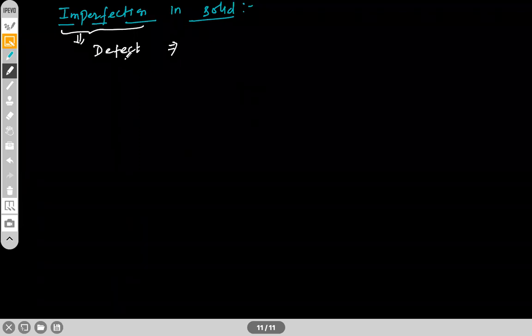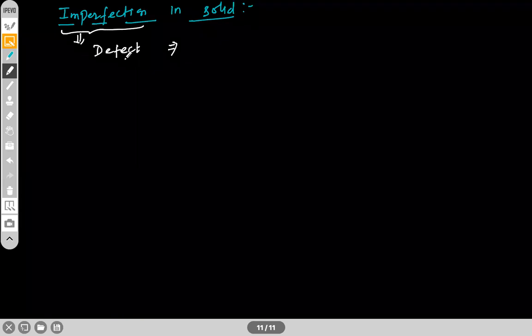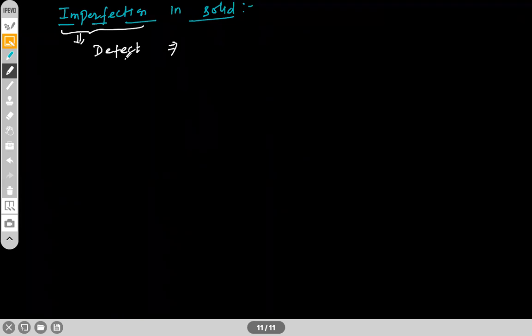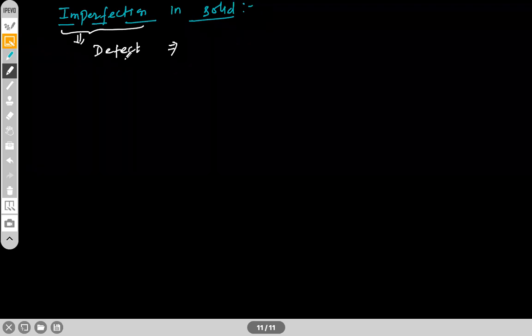So write down the next line here. The perfect or ideal crystal exists at absolute zero temperature. Absolute zero temperature or 0 Kelvin, you write down. Because both are the same thing.